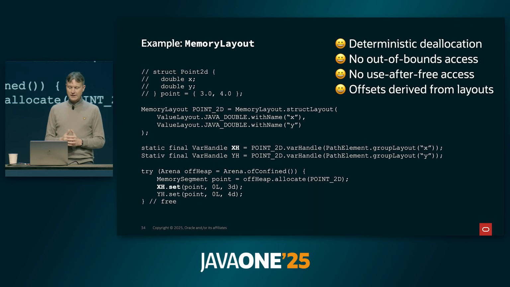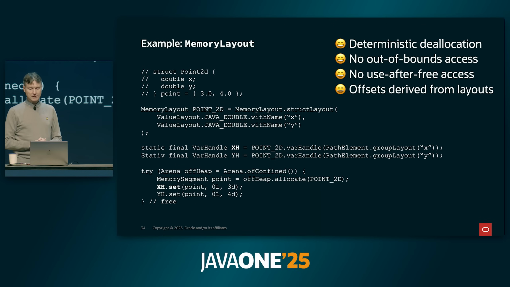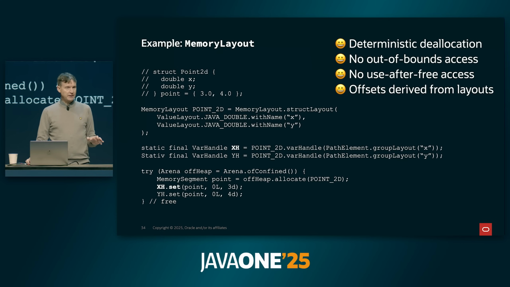And I set it to 3, and Y knows that I should offset by 8, so I set that to 4. So now we have deterministic deallocation, no out-of-bound access, no use after free, and offset derived directly from layouts. So imagine, for example, that I swap these around and have Y before X, and then my code would still work.